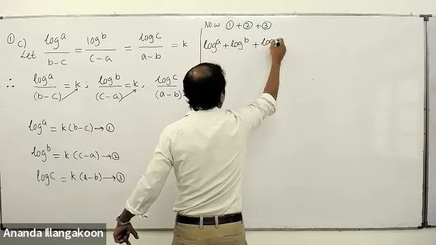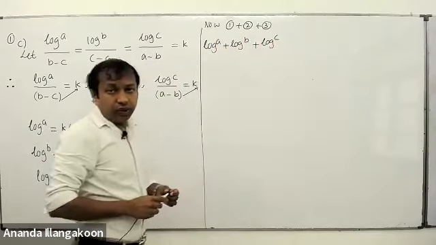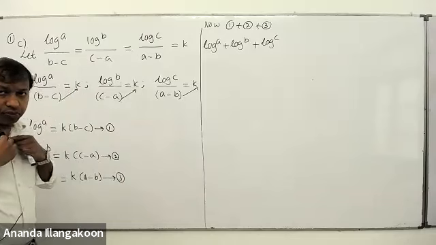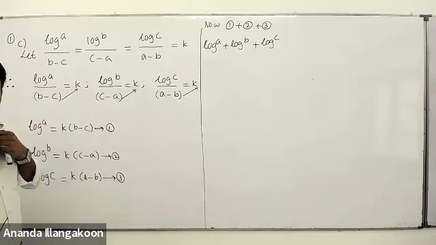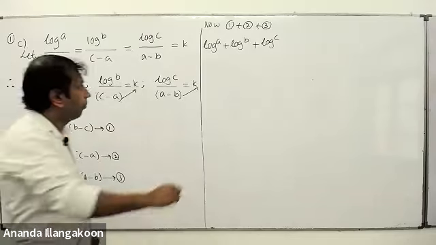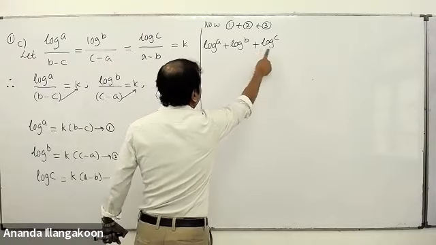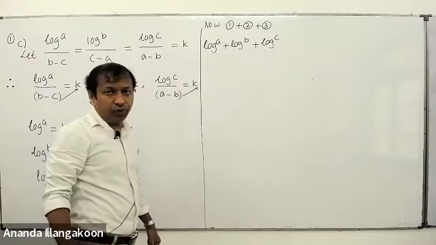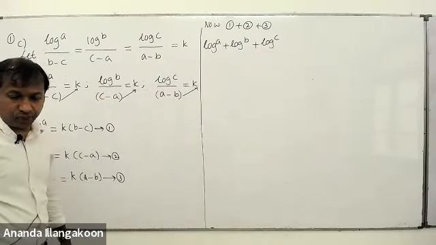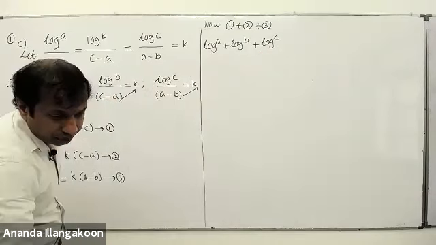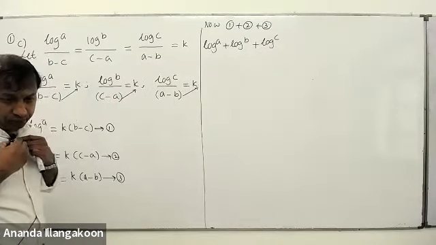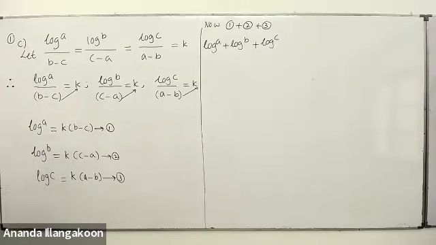Remember, the base of the log term, people, at these three places, we have the same positive value. The same positive value we have at the base of the log term.